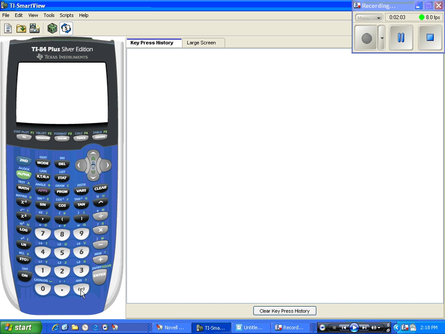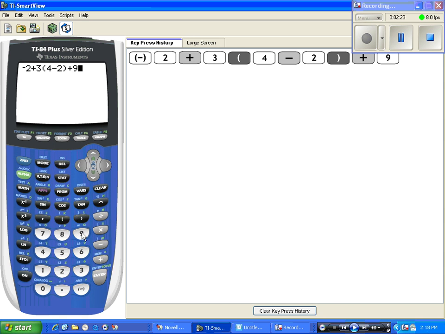Now I'm going to press the negative key. Notice this is different from the subtract key. So negative 2 plus 3, paren, 4, and then the subtract key, not the negative key, 2, close paren, plus 9.